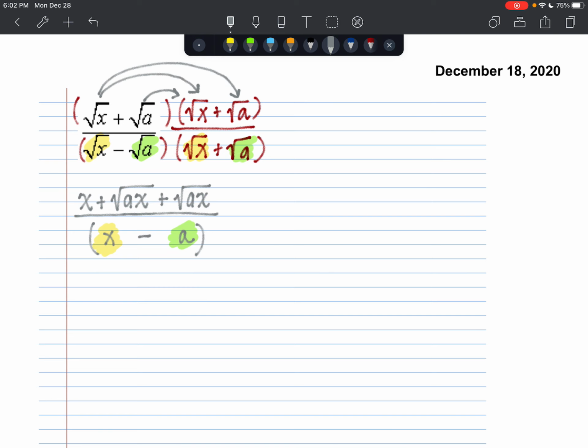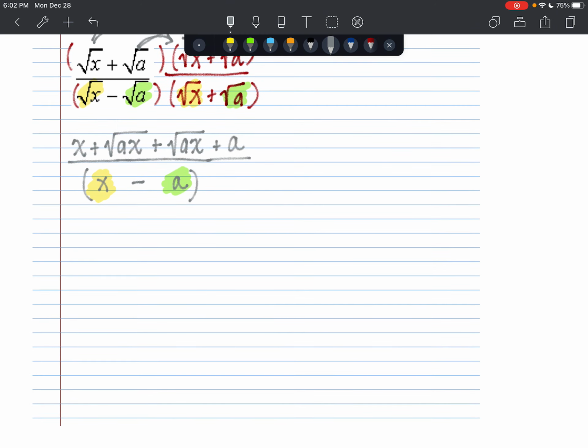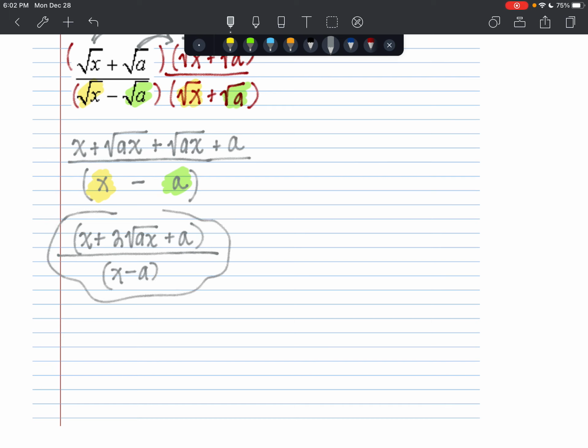Square root of ax, plus the square root of a times the square root of a, which is a. So in the numerator, we're going to have x plus 2 times the square root of ax plus a. That is a trinomial over a binomial, x minus a.